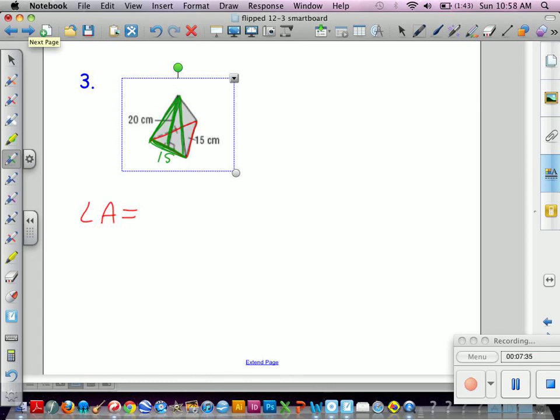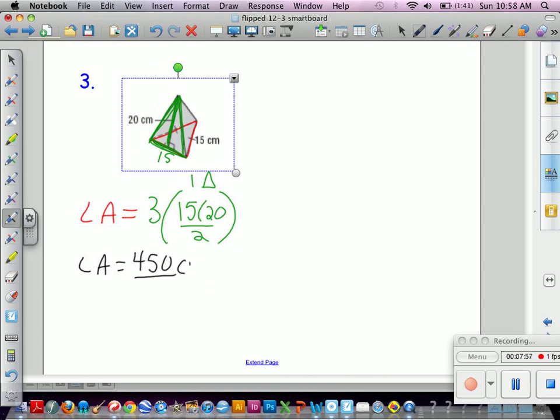So I'm going to have 3 triangles, and to find one triangle, I'm going to take 15 times 20 divided by 2. So LA equals, go ahead and multiply that out. I'm getting 450 centimeters squared.